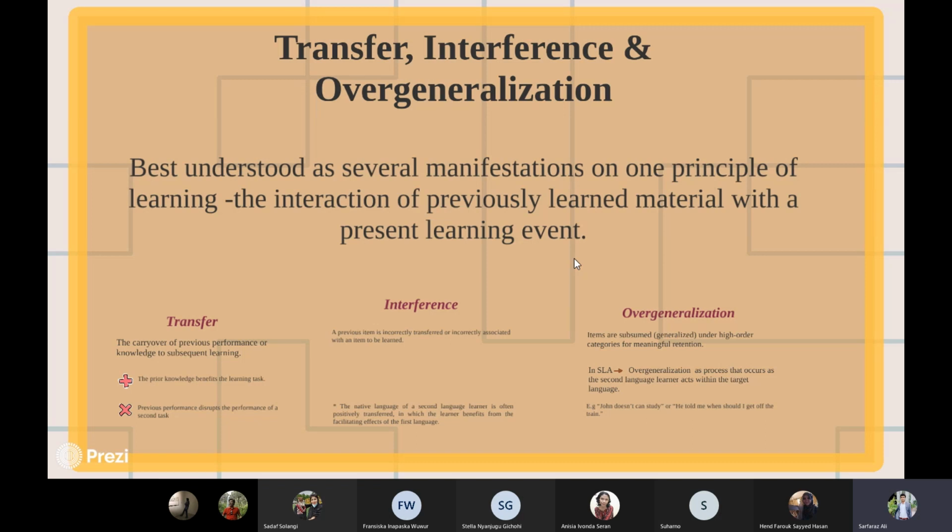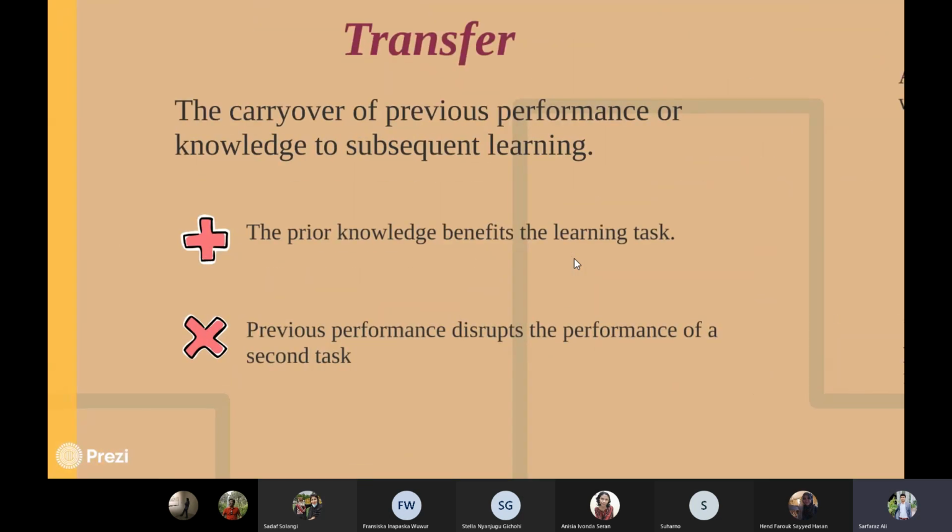These three terms have commonly been singled out for explication in the field of literature. They are part of the types of learning, and the detail is given one by one.